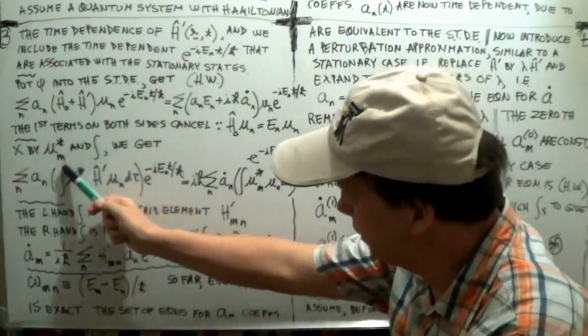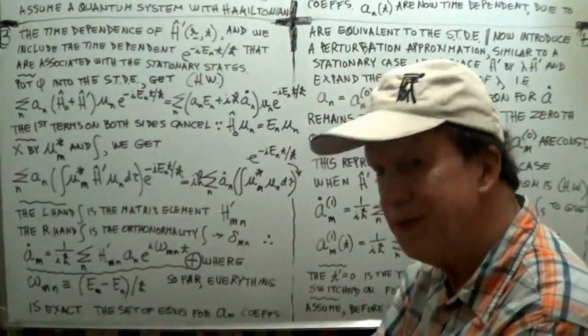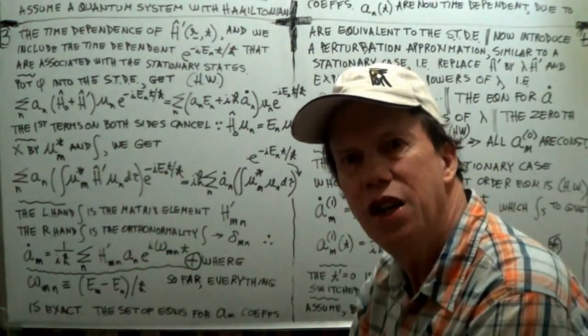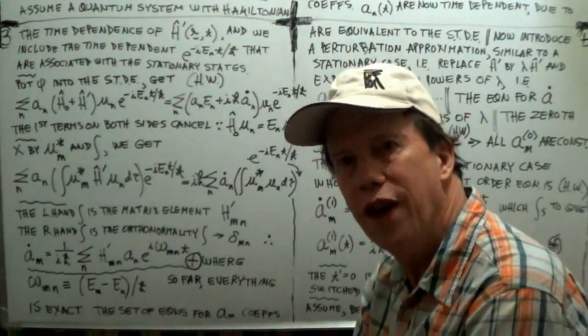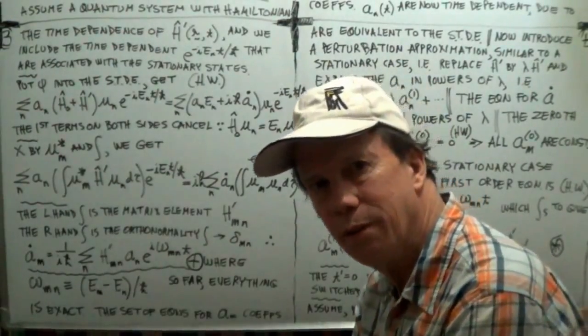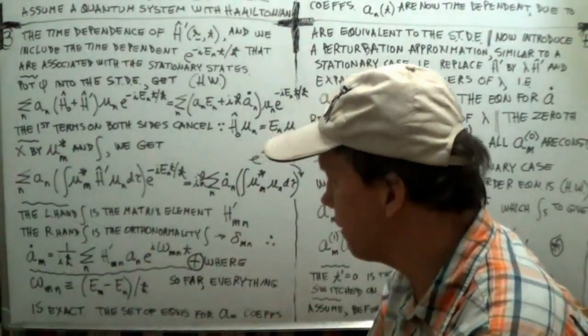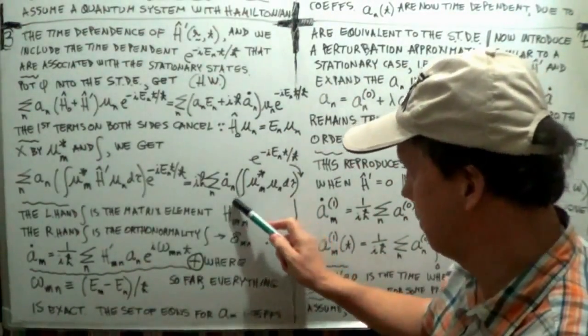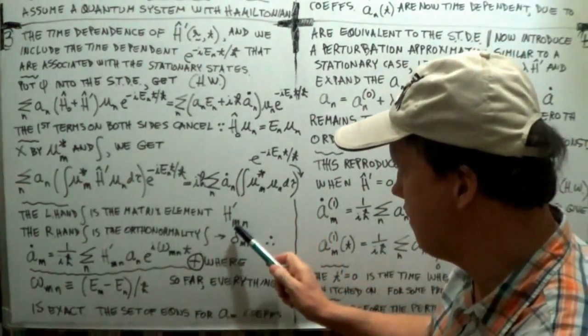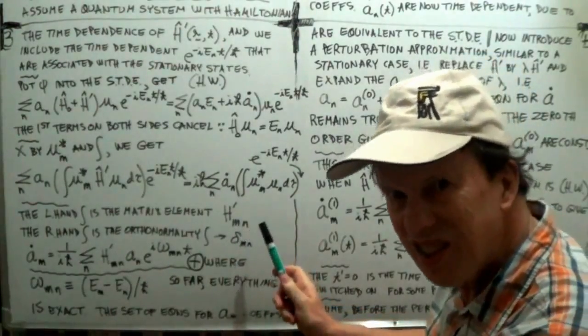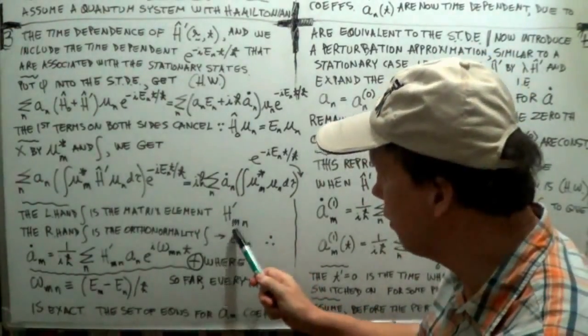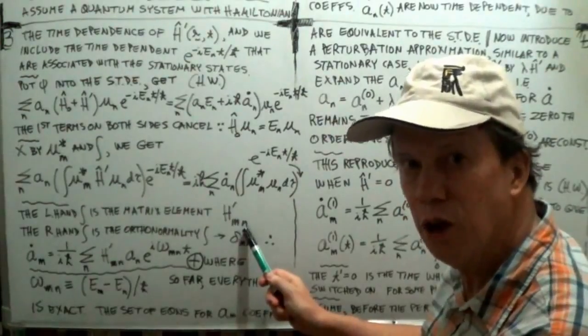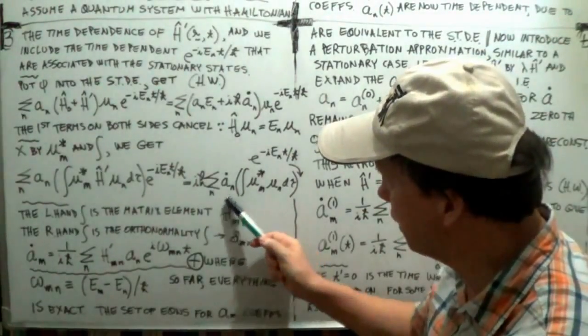So this term here is the mnth element of the perturbation matrix, the mth row, the nth column of this H bar matrix.